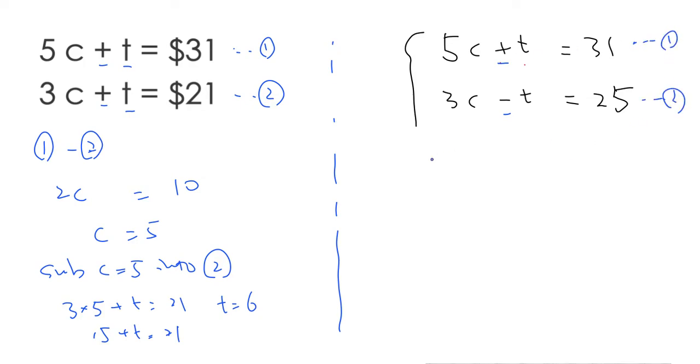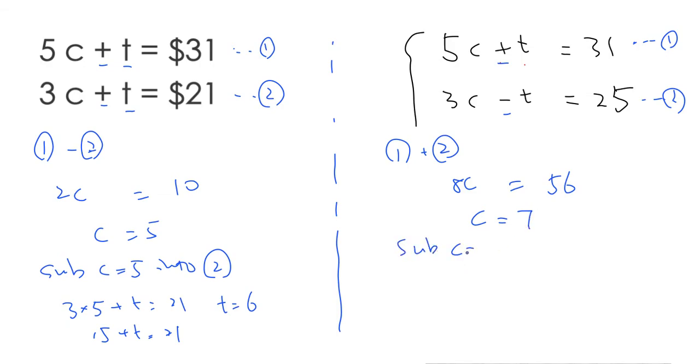So we're going to label them first, and I'm going to use the first equation plus the second equation. So 5c plus 3c gives you 8c, plus t minus t, and that actually gives you 0. And then you have 31 plus 25 is 56. So c is equal to 7.